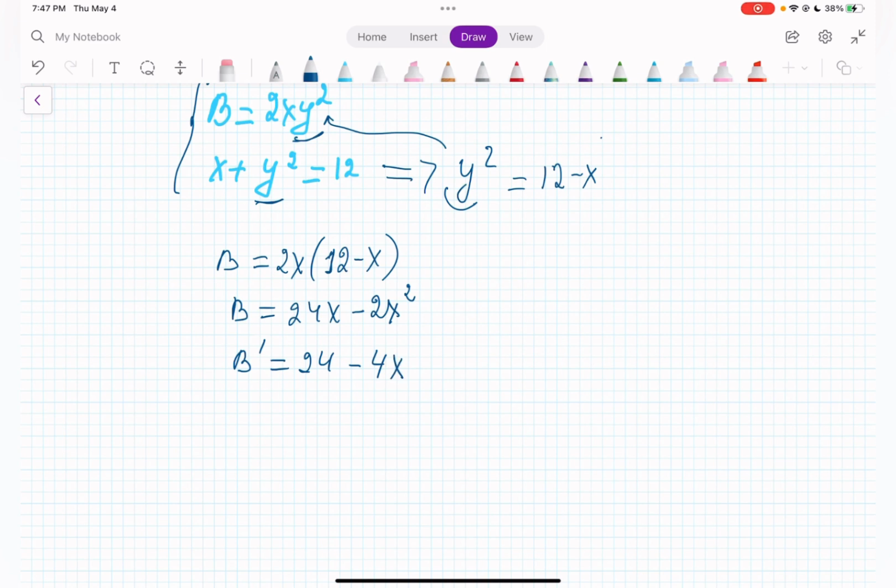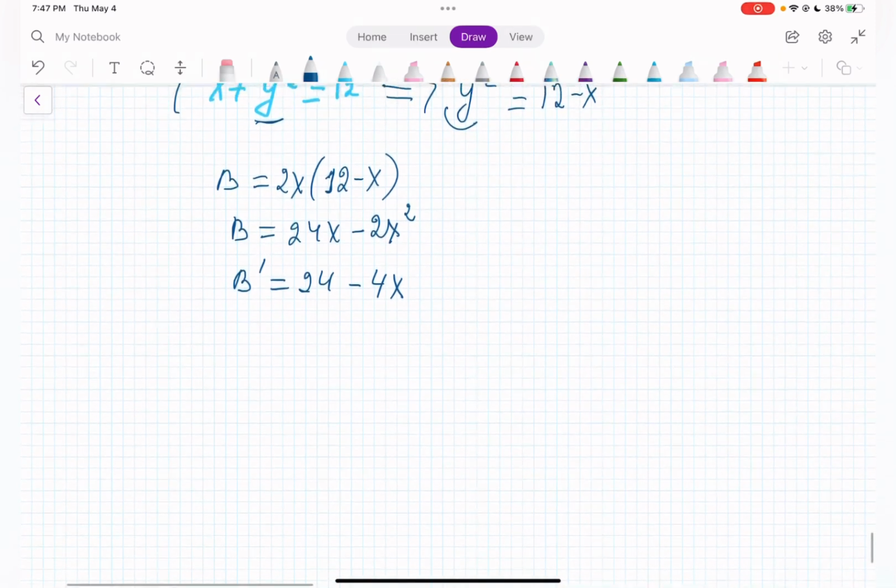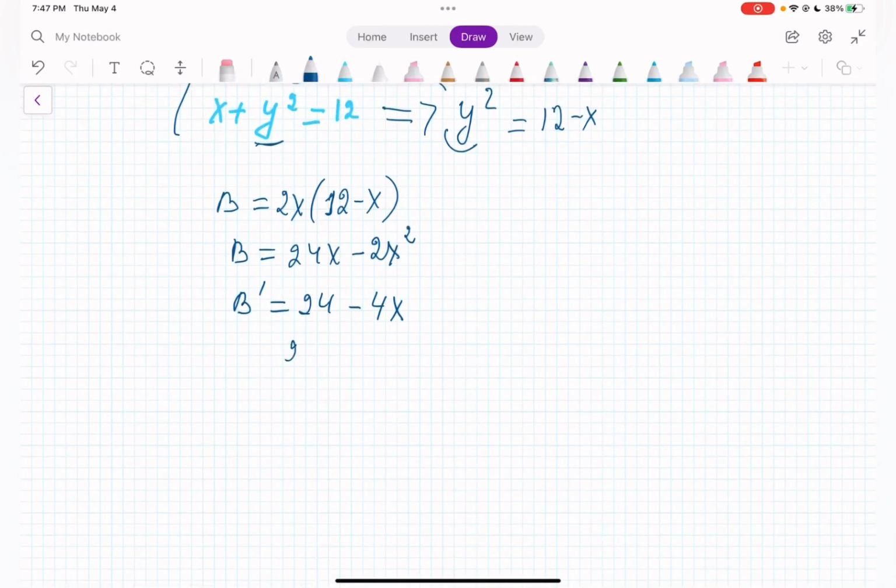We found our first derivative. Next, we assign it to 0 and find our critical value. So 24 is equal to 4x, x is equal to 6. At x equal to 6, we have a critical value.